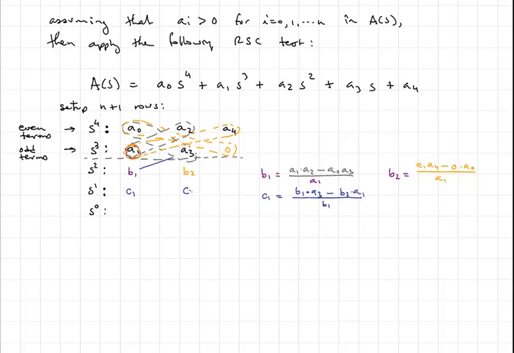And then C2 will be B1 times 0 minus 0 times A1, all divided by B1. So this will actually be equal to 0 here.